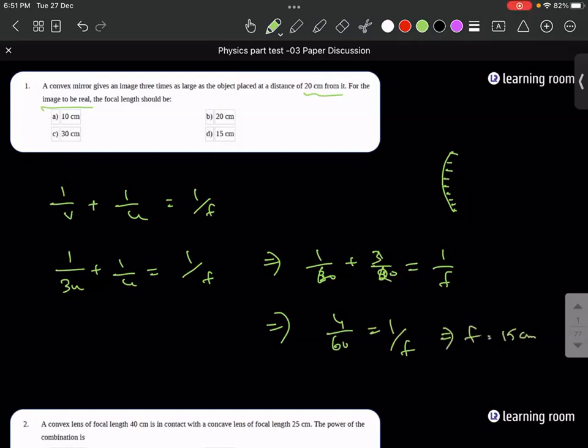It is 15 centimeter. If at all you have to directly calculate it, it is 15 centimeters. The question should have actually been concave mirror.